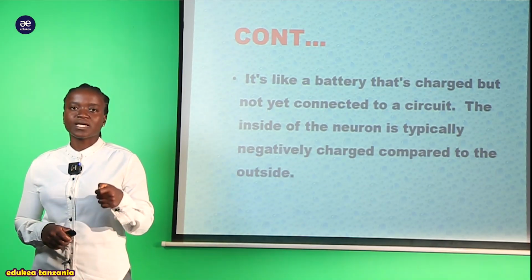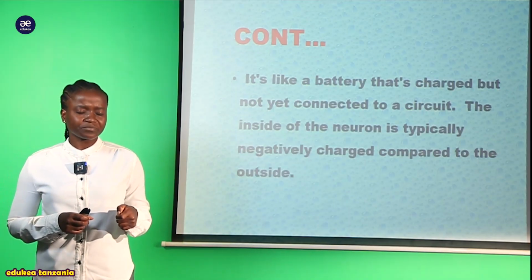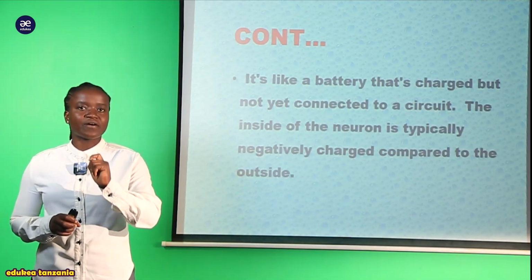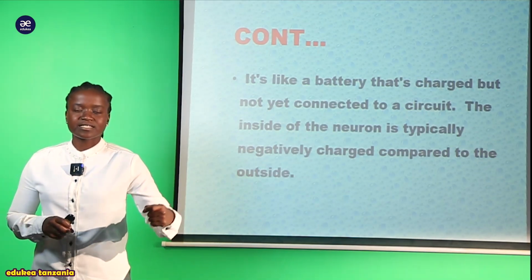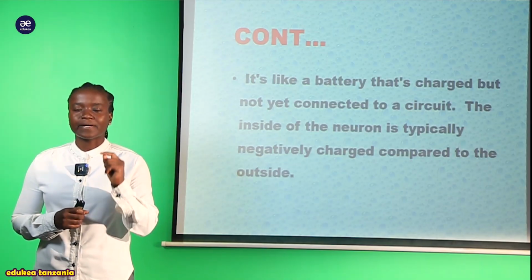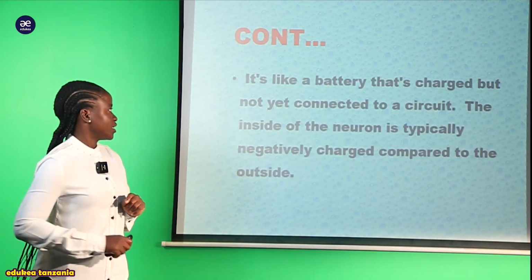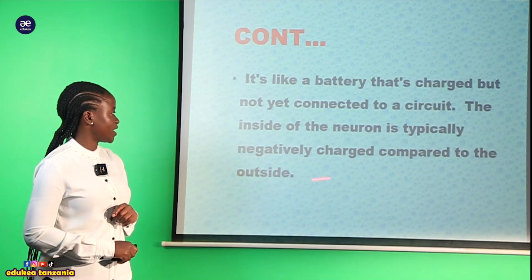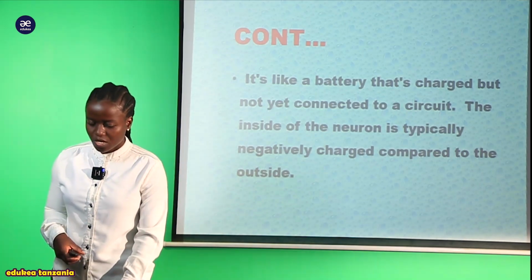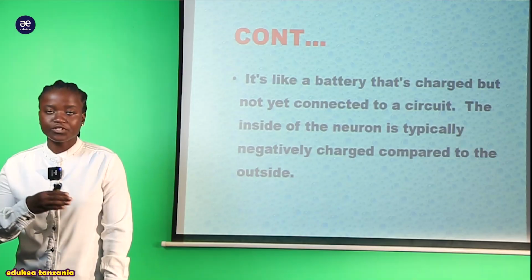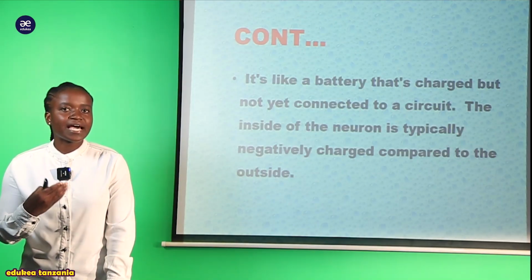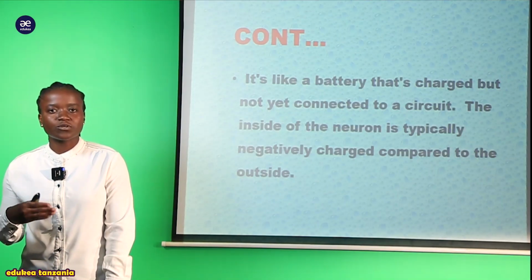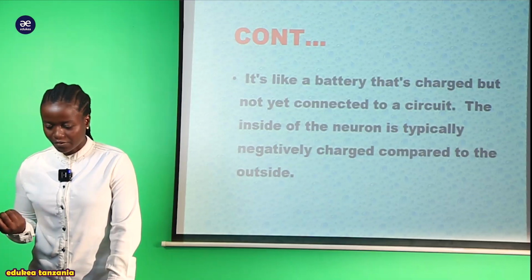Yani kwa mfano umechomeka simu charge kwenye socket lakini haujawasha umeme, ndio ile state ambayo tunaita resting potential. And the inside of the neuron is typically negatively charged compared to the outside. Kwa ukiangalia ile structure ya neuron, ndani panakuwa ni negatively charged compared to the outside environment.